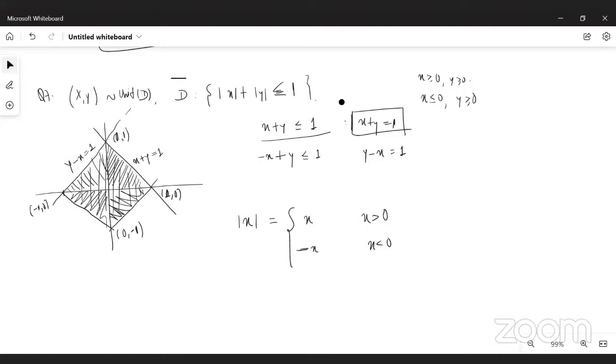I understand that if it's uniform, we can just calculate the area geometrically, to find f(x,y), the joint density. But if it is not a uniform distribution and we want to find the joint density, how should we proceed? That is my question.